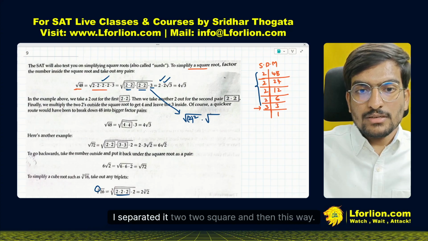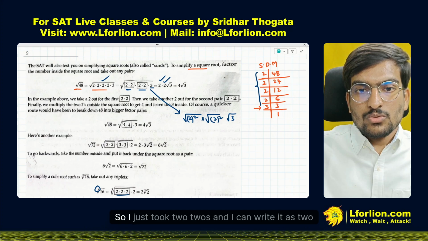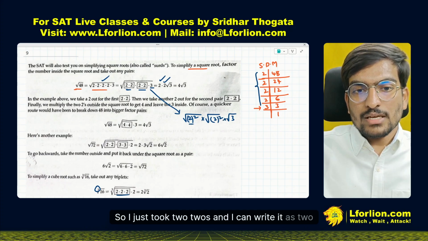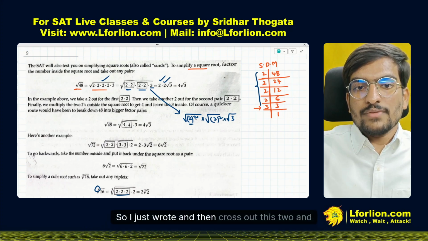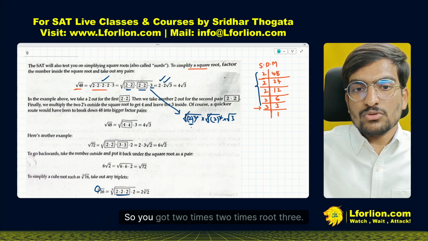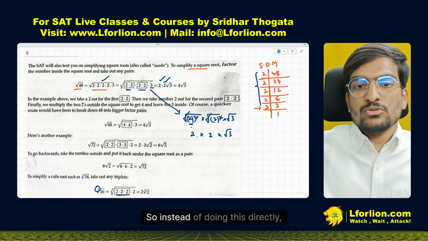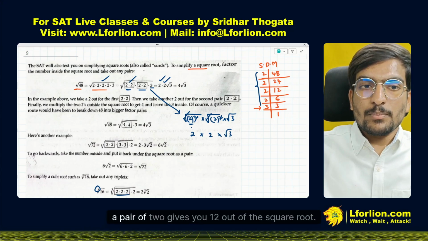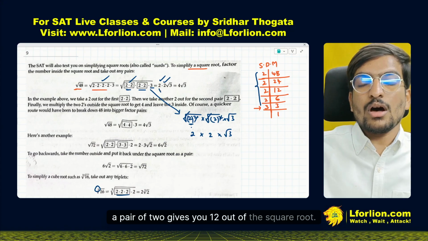I took two 2s and wrote them as 2 square, then cross out the 2 square and the square root. The square root of 2 square cancels out. So you got 2 times 2 times root 3. So a pair of 2s gives you one 2 out of the square root.